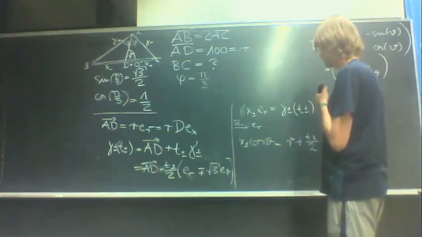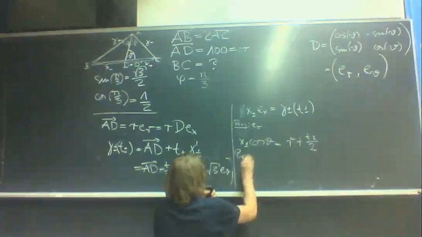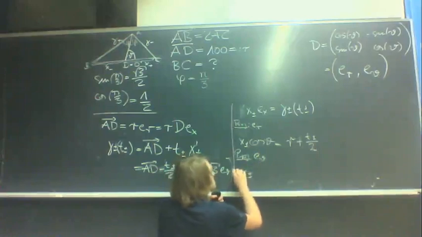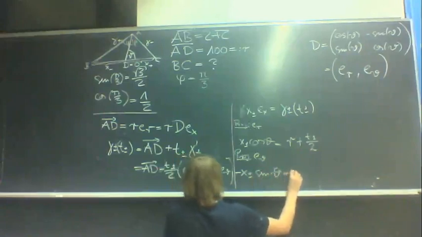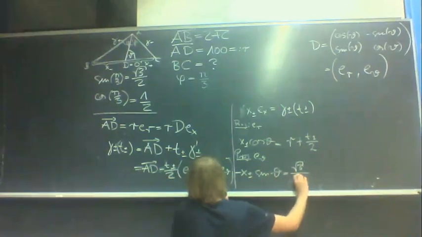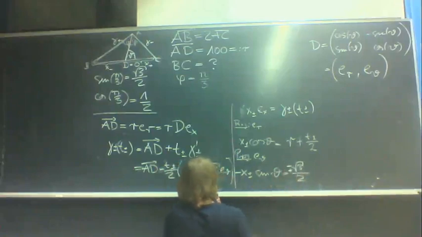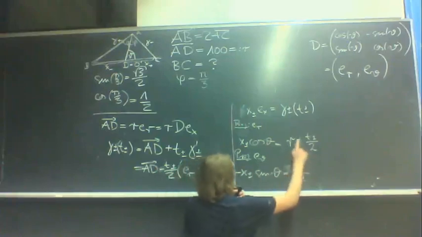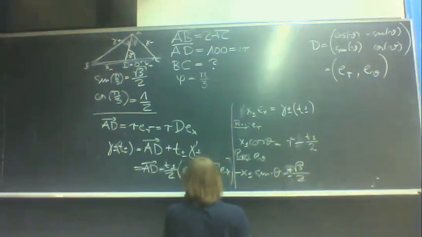And there will be the projection onto E theta, and this will be x plus minus sine of theta, and this will be square root of 3 over 2, but minus plus, no, plus minus, because there's a negative sign over there, and there's a negative sign too, plus minus. Okay, alright.